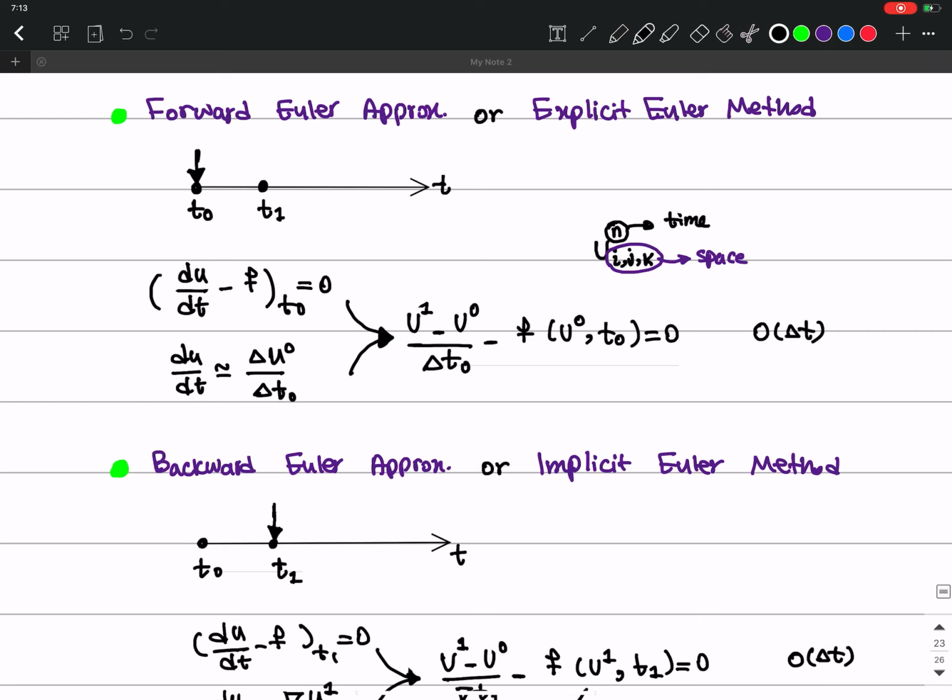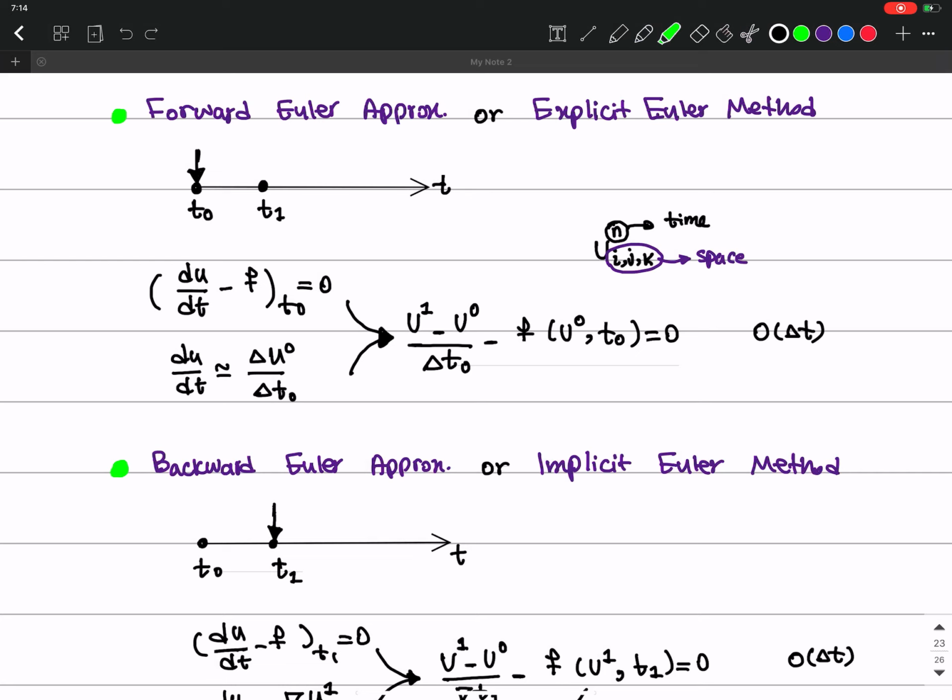And this is when you just start with, so you are seated here at t0, and then you will just evolve your u to one step ahead. You calculate your function at u0 where you are seated, and then you can get your final solution, okay?